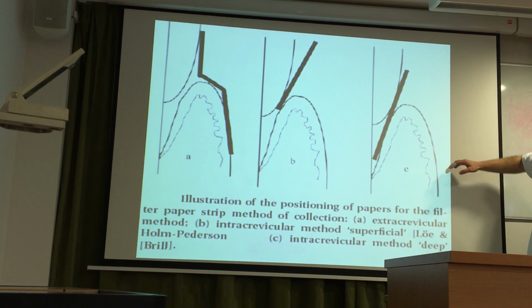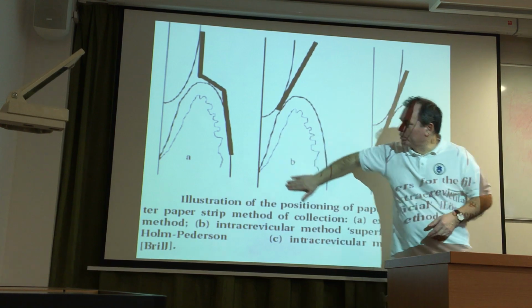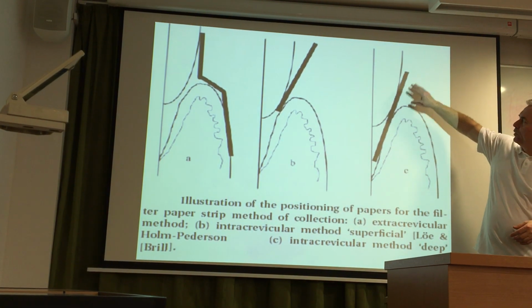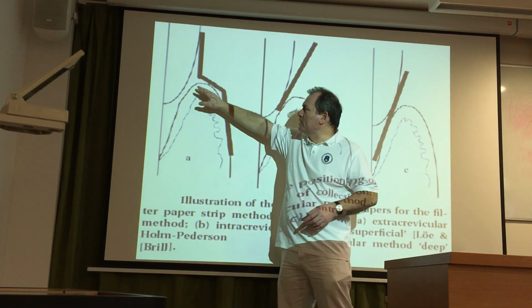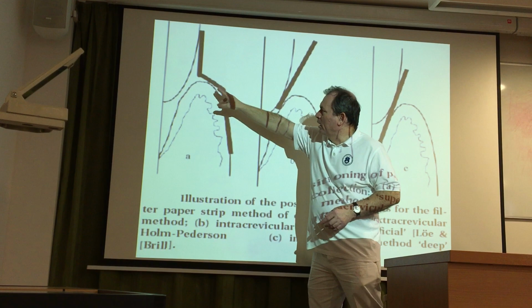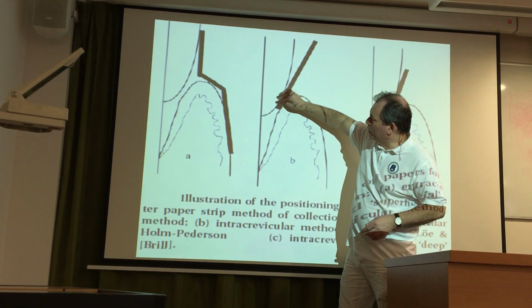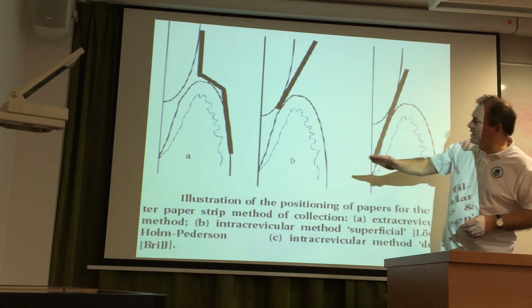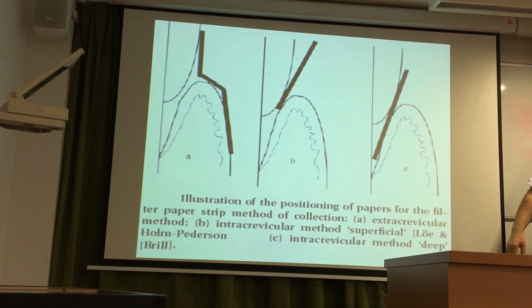And I mentioned to you, the most frequent method is the absorbent paper points, which can be inserted into the orifice of the sulcus, or near the sulcus, or onto the surface. So superficial insertion is possible, or deep insertion into the sulcus is possible.